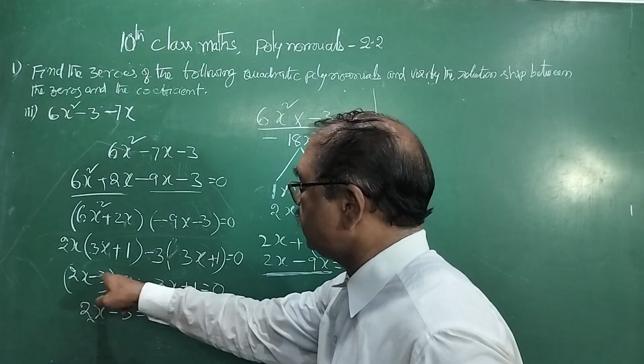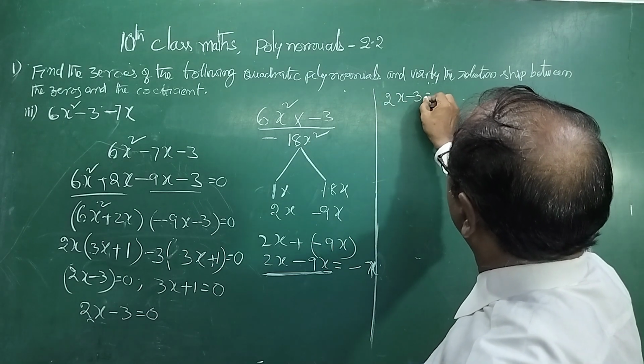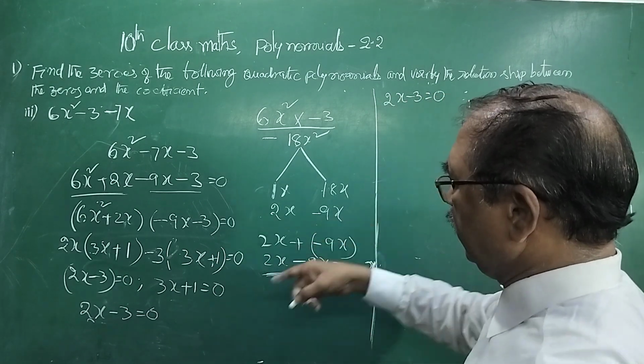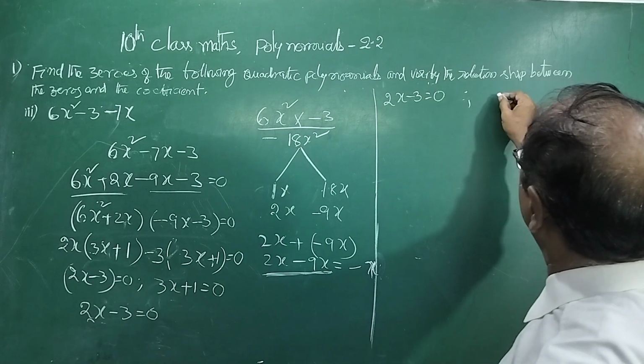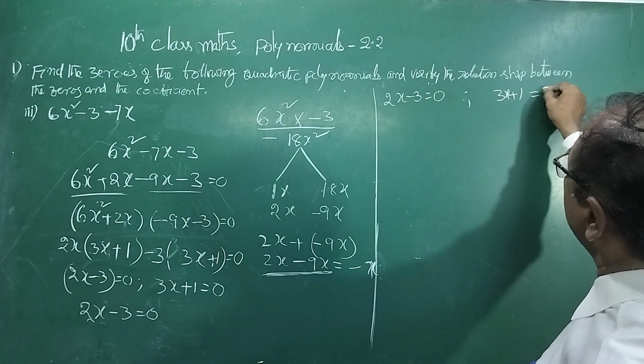2x minus 3 is equal to 0. Another one is 3x plus 1 is equal to 0.